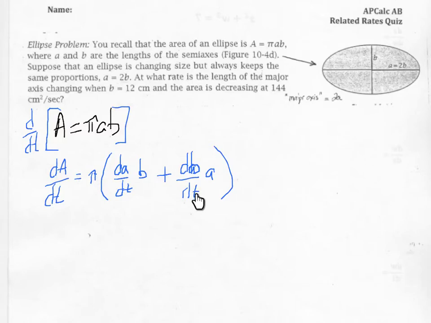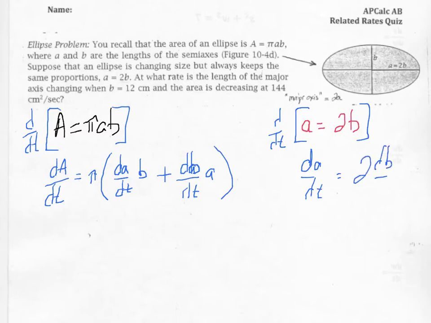One way would be to just simply take this relationship where a is equal to 2b and take the derivative with respect to time of this, and you would get da/dt is equal to 2 db/dt, or db/dt is equal to 1/2 da/dt.